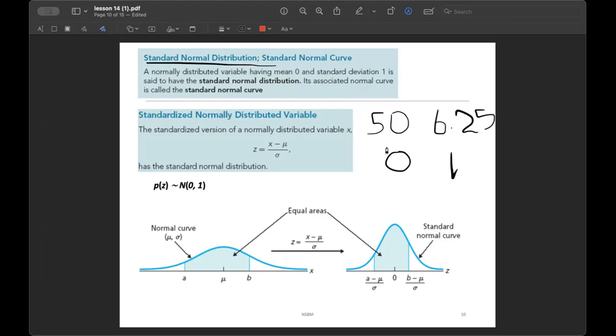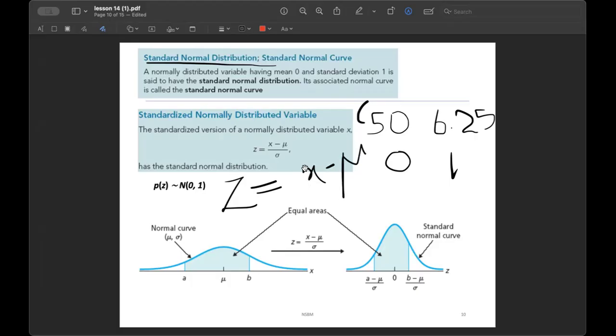So there should be a method to convert this normal distribution into what we call the standard normal distribution. How do we do that? We equate z, which refers to the standard normal distribution, to x minus mu divided by sigma.